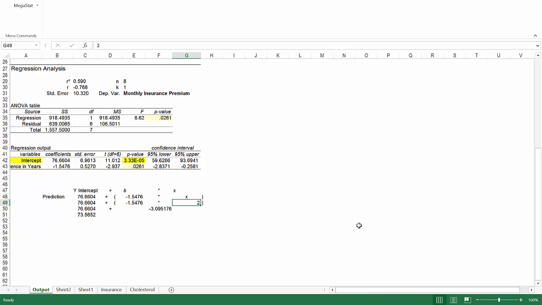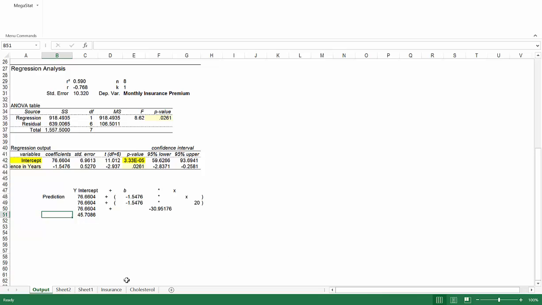And if I was to look at someone with 20 years of experience, what would I predict their monthly insurance premium to be? 20 years, if I insert it into the formula, would change it to a predicted monthly insurance premium of $45.71.